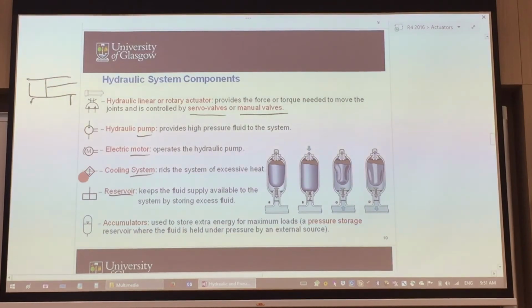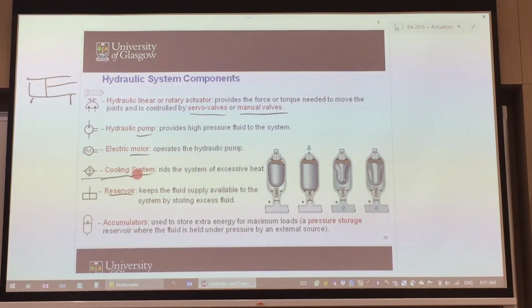Why do you think we actually need cooling in the hydraulic system? This is unlike an electric motor. The electric motor will not need any form of cooling. But if it's running on DC, or actually high power, you tend to have cooling fins. But you do not need to actively cool it.